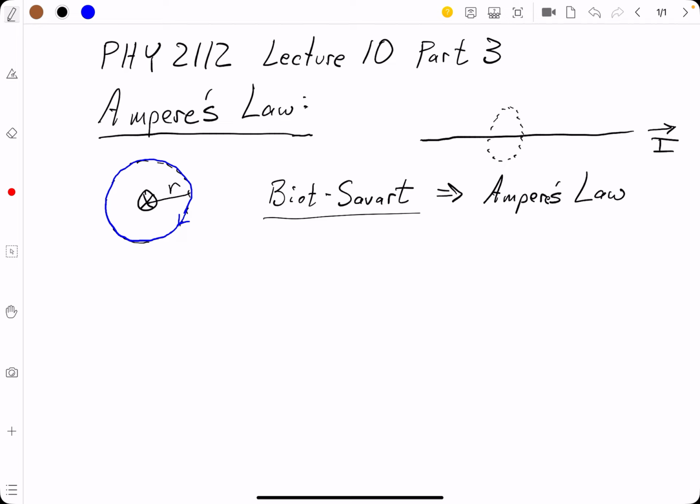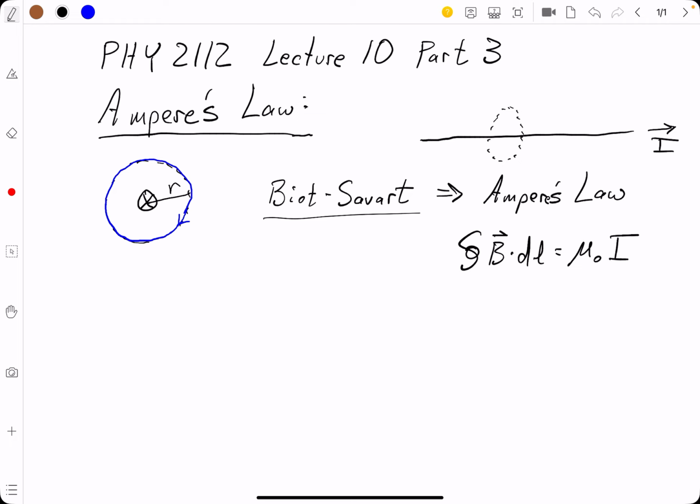All right, so Ampere's law, I'm just going to state what it is. We've got the integral of B dot dl is equal to mu naught I. What does this even mean?